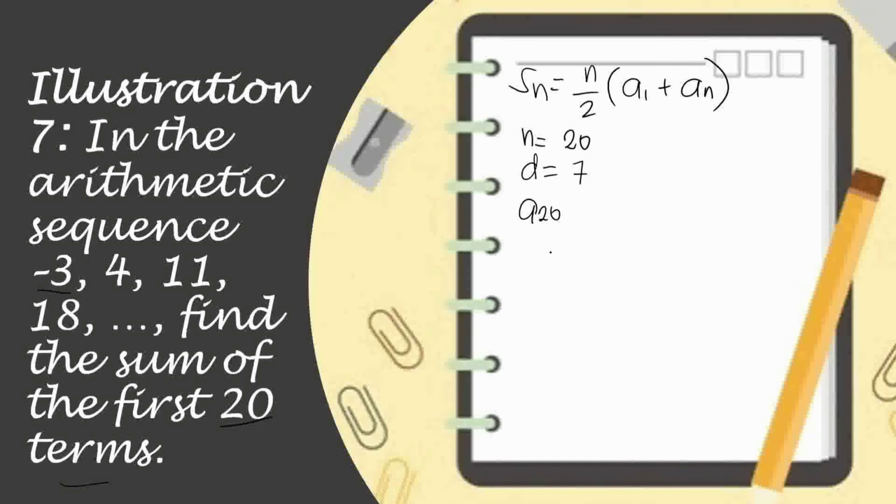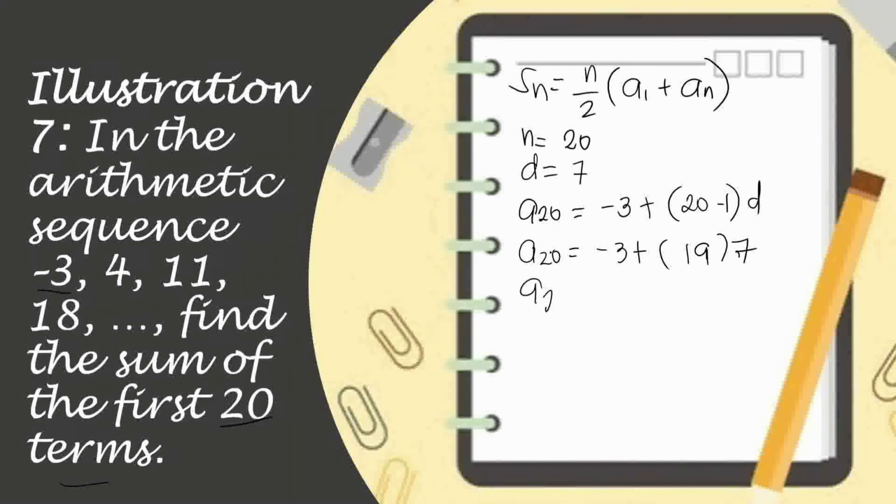Hahanapin natin yung pang 20th na value. So, a sub 1, which is negative 3, plus n minus 1, so n is 20 minus 1, times d, which is 7. So, a sub 20 is equal to negative 3 plus 19 times 7. A sub 20 natin is equal to 130.